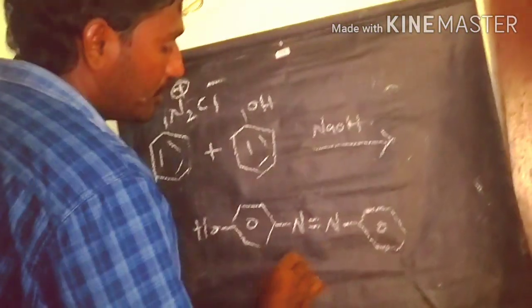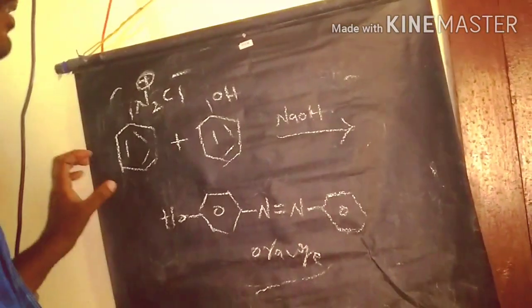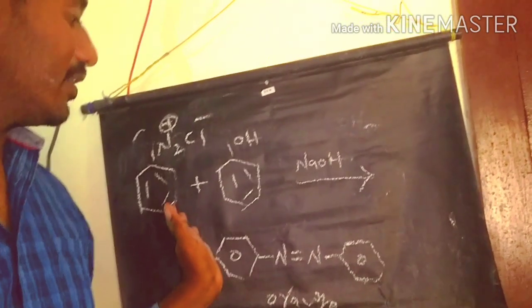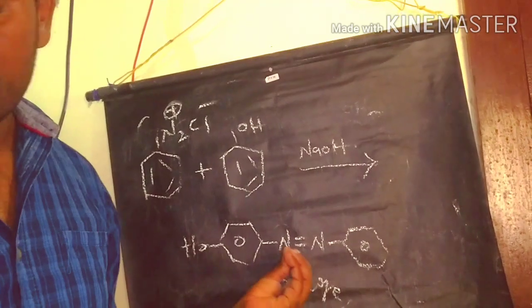This is an orange colored precipitate. This is the identification test: phenol reacts with the aryl diazonium salt to prepare the orange dye, which identifies phenol.